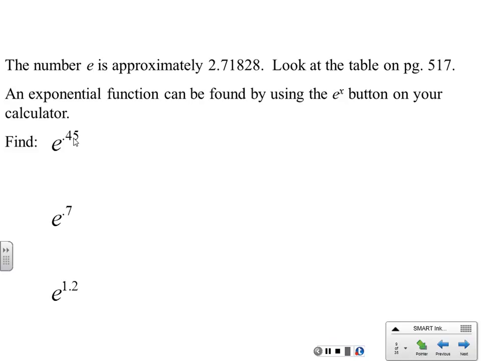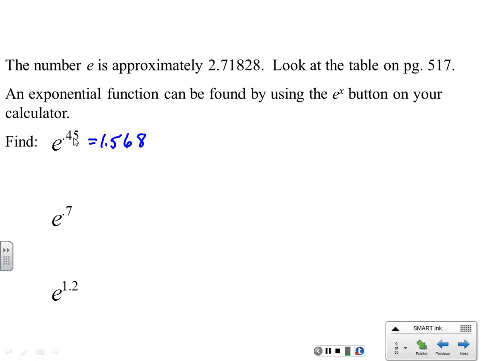Okay? So now, to put this in your calculator, some calculators are going to be different. For the calculator that I'm using up here, I would hit my Shift LN button, which is going to show me the E in the window. And then from there, all I have to do is hit 0.45. And I come up with 1.568. That's good enough.